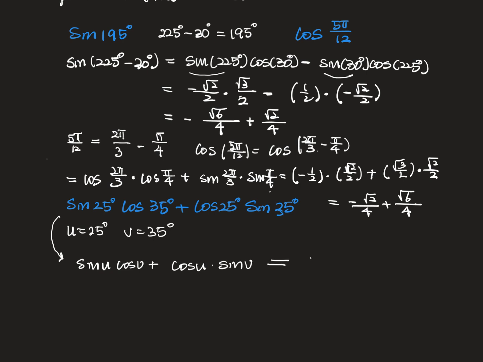This is the formula for sine of u plus v. That's what the formula says, right? So u plus v, 25 plus 35, that's 60. So this value is going to be sine 60. What is sine 60, guys? That's the square root of 3 over 2. That's another way to use this sum formula.